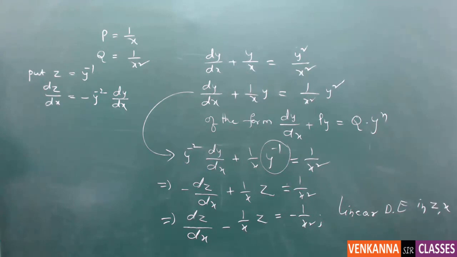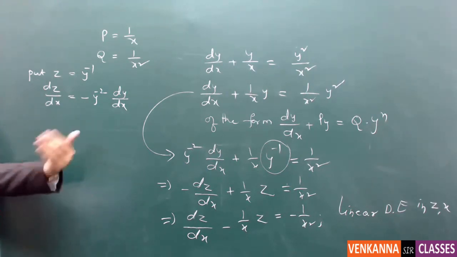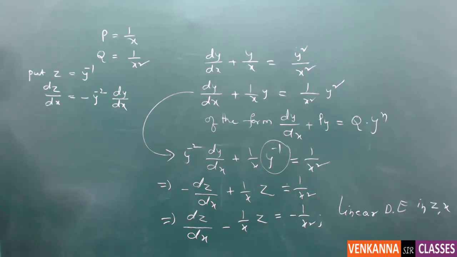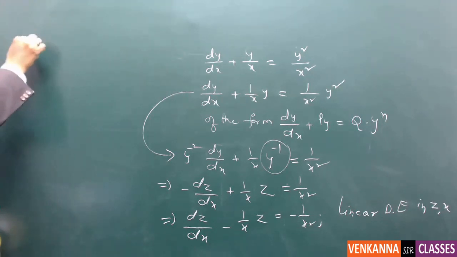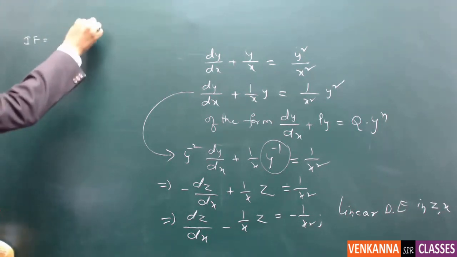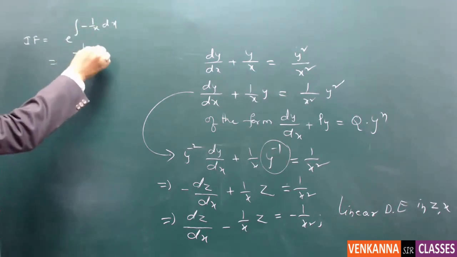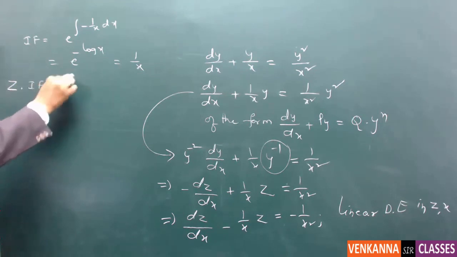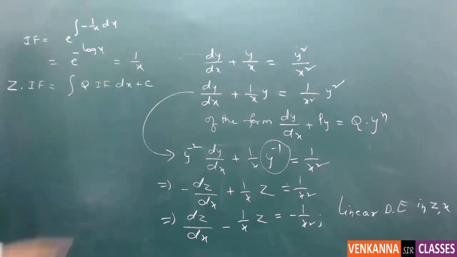Okay. So here onwards, we follow the previous procedure, finding the integrating factor and evaluating the solution. Everything is common. So the integrating factor is e power integral minus 1 by x dx. So e power minus log x, nothing but 1 by x. And z into integrating factor equals integral q into integrating factor dx plus c.